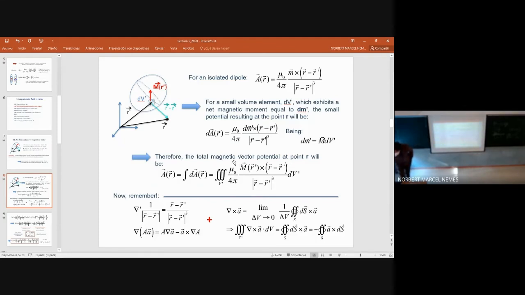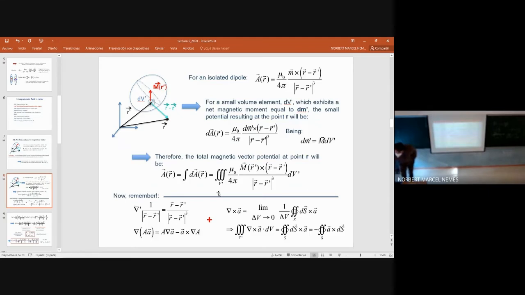We have the prefactor, mu0 over 4 pi, as always, and then importantly, we have the cross product of M taken at the position R prime. R prime is somewhere inside the material. The direction vector R minus R prime, the square distance |R minus R prime| cubed, and all of this is integrated over dV prime. So we have to go through the whole volume of our material.